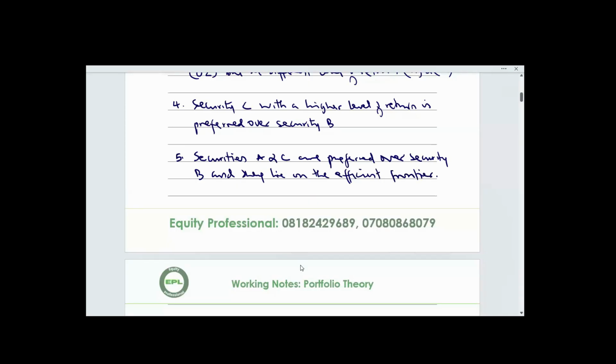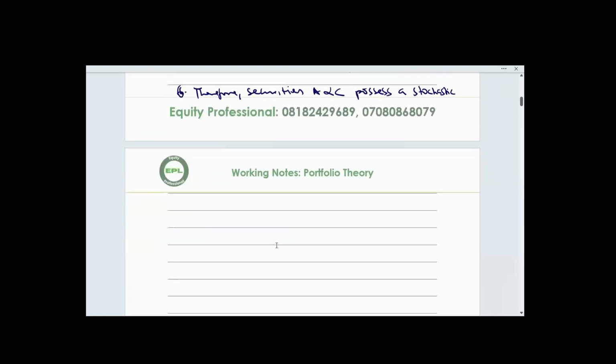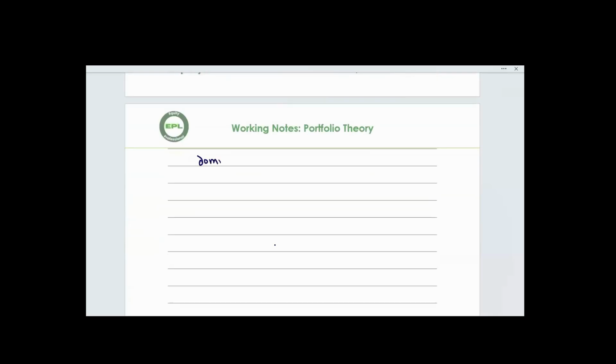All right. Therefore, securities A and C possess a stochastic dominance over security B. All right. Number 6. Therefore, securities A and C possess a stochastic dominance over security B. All right.